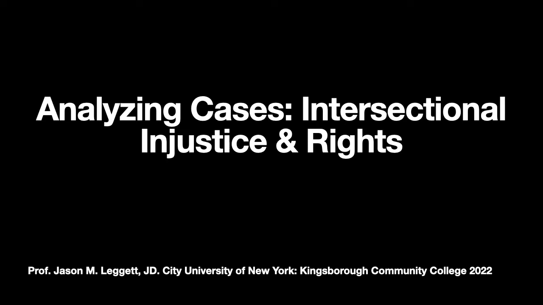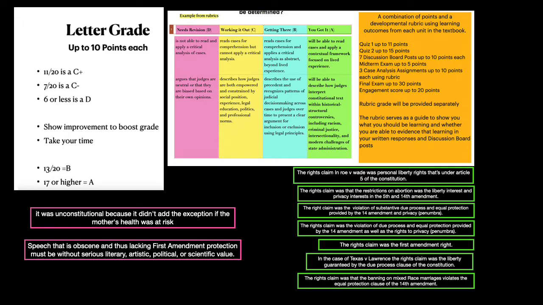So I just want to remind you again that the grading was based on the rubric, right? And so how clearly you are answering the questions within these concepts that you're supposed to be learning through the course reader.